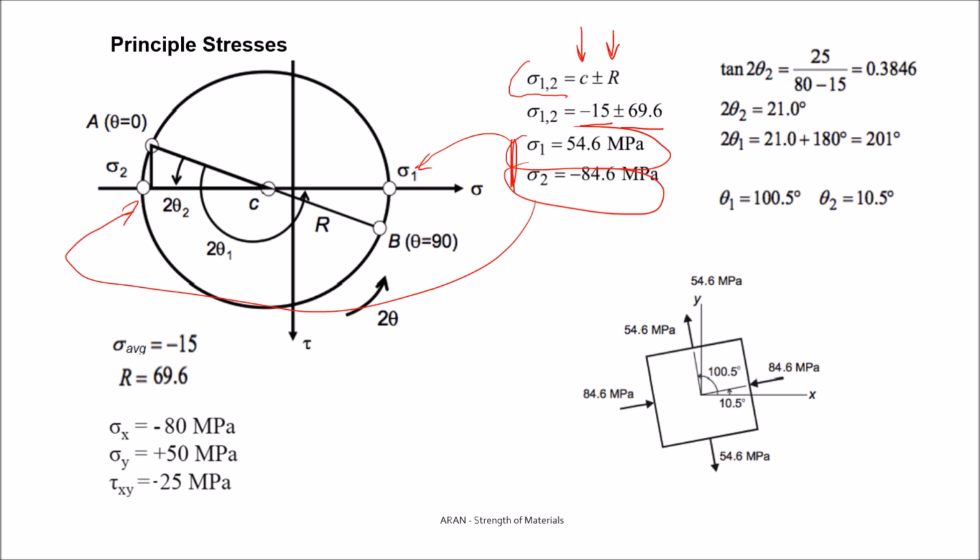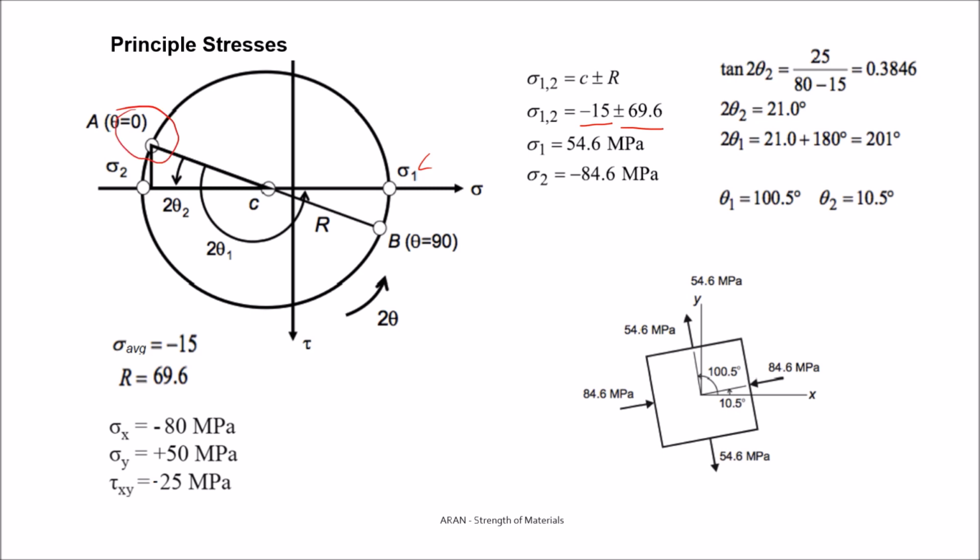The next is to determine their angles and their orientation. So this is my reference point A. The angle between my reference plane A and the principal plane 2 is 2 theta 2. So take this triangle. In this triangle, when you write tangent 2 theta 2, what can you say?